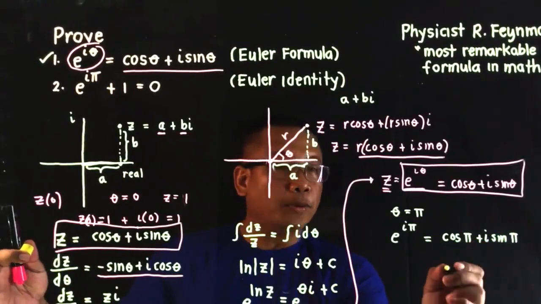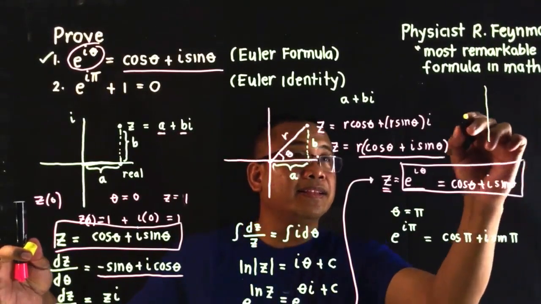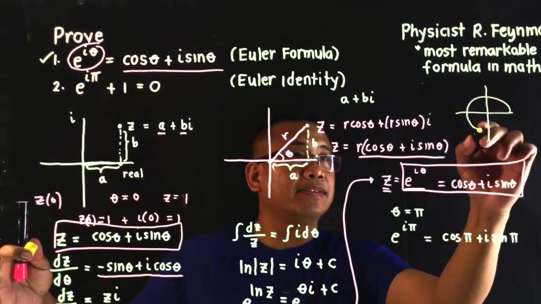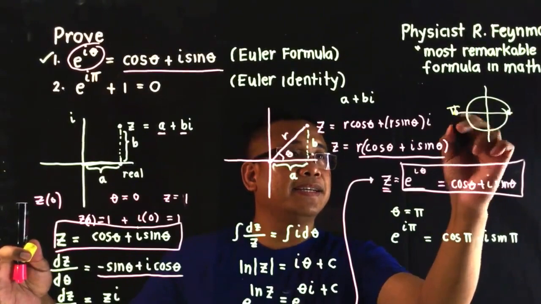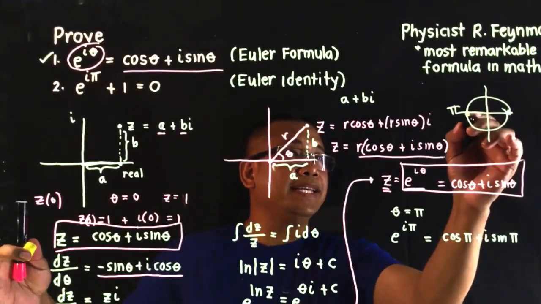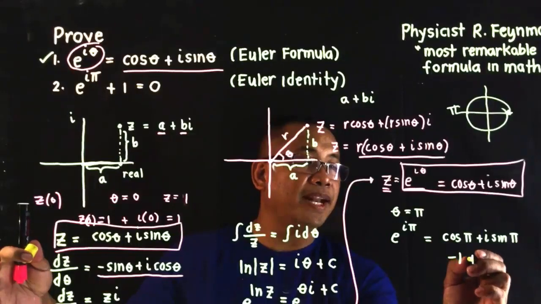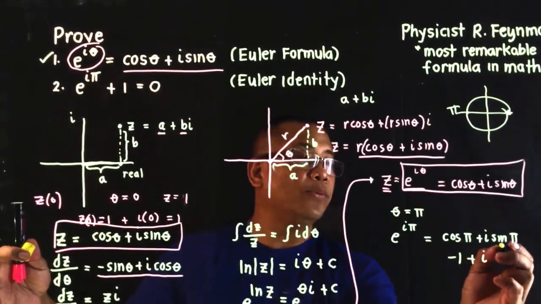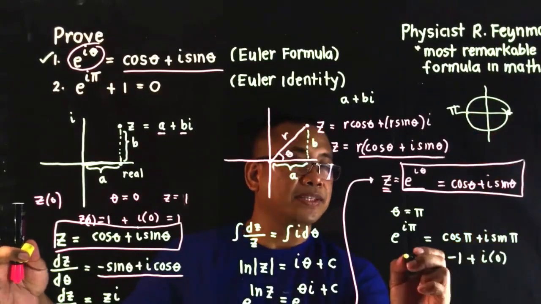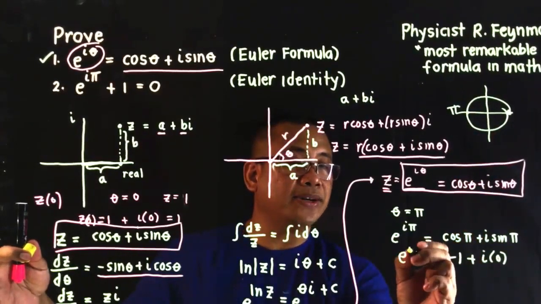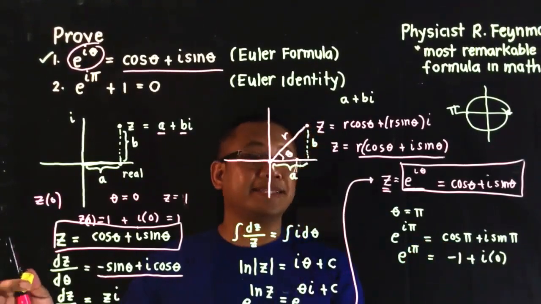Now, what is the value of cosine of pi? In a unit circle, this is 0 angle, pi is here. Cosine of pi is equal to negative 1, plus i. What is the value of sine of pi? Sine of pi is 0. So we have e raised to i pi is equal to negative 1 plus 0.